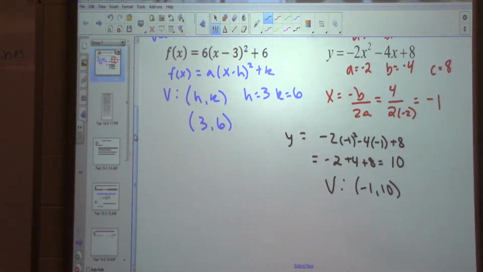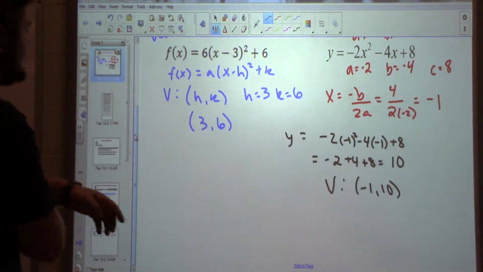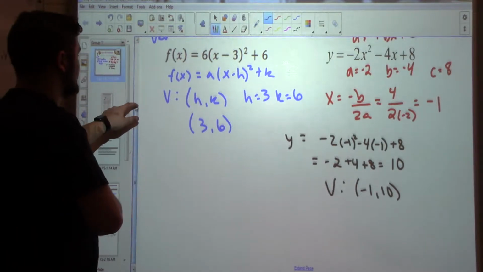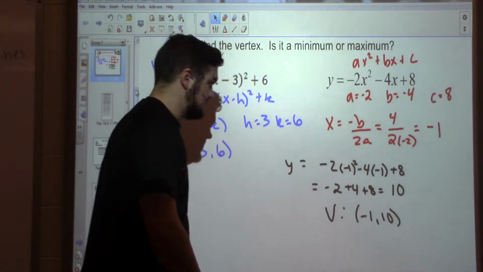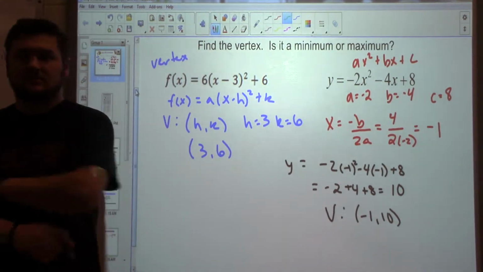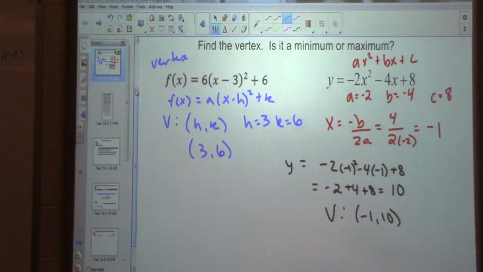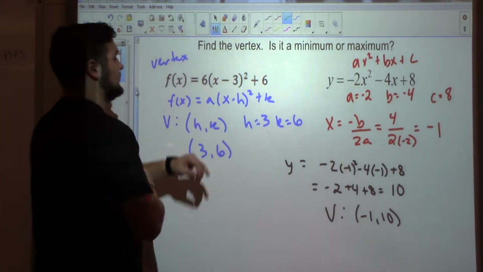Now we've got to decide, is it a maximum or a minimum? Does anyone know how we do that? Any guesses? You don't remember we talked about this on day 1? It's all going to depend on which way our graph opens. So we need to look at our a values. For the first one, what's my a value?